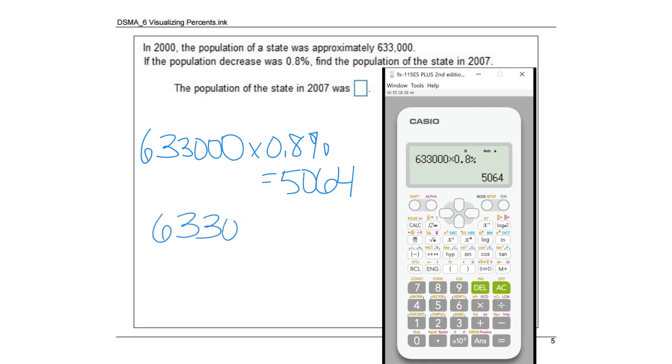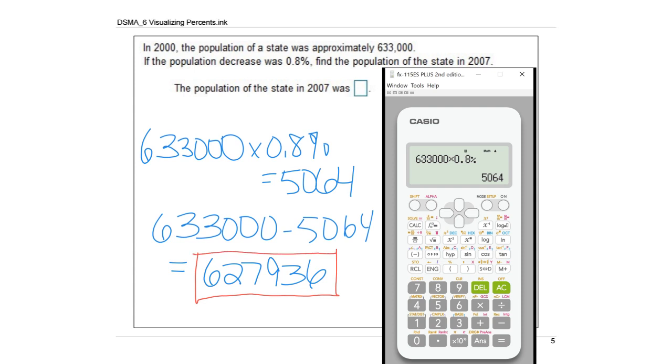We would need to subtract that 5,064 from 633,000. And once we put that in our calculator, we would get the population in 2007. It's 627,936 people.